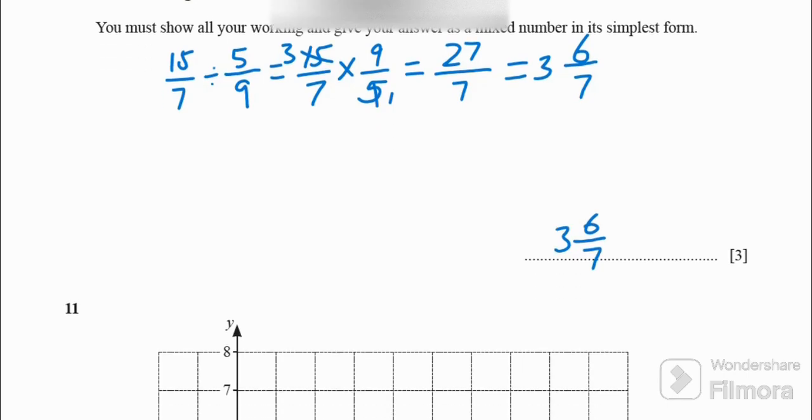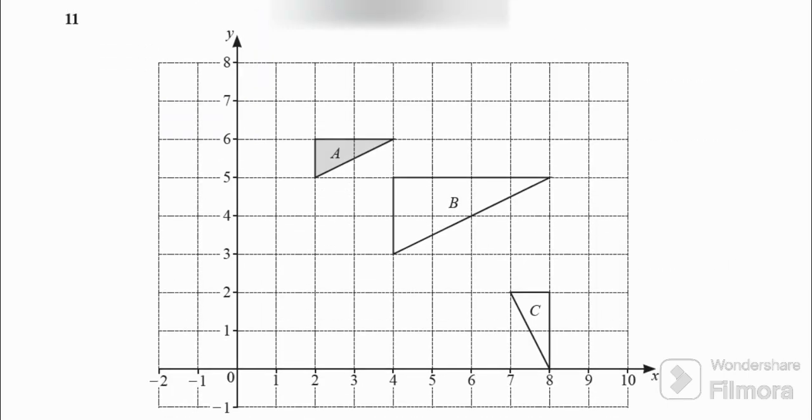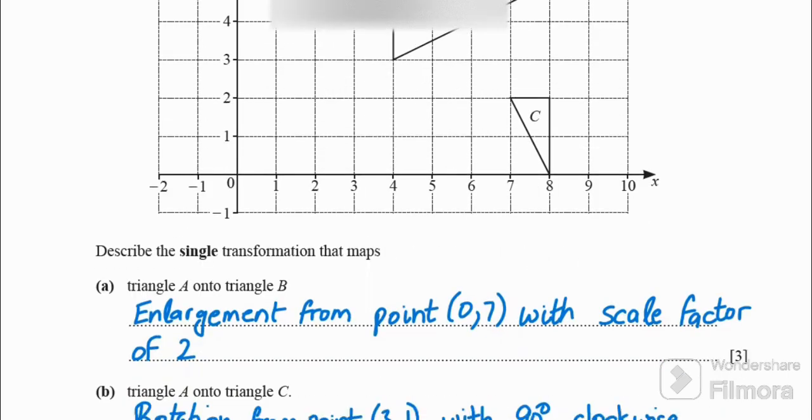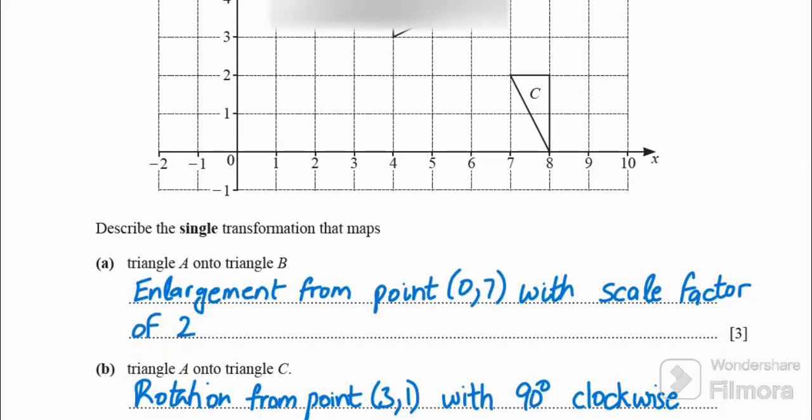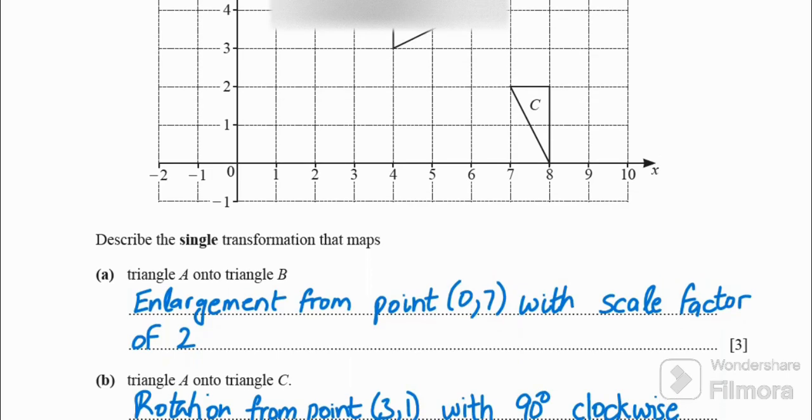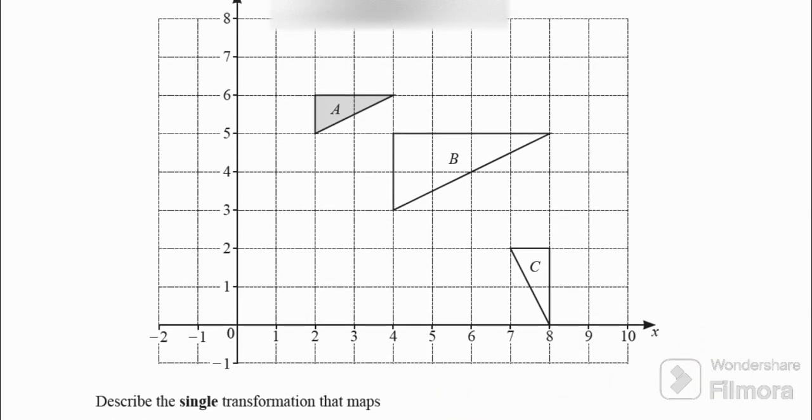Question 11 states, describe a single transformation that maps triangle A onto triangle B, an enlargement. So one main thing you have to consider is we have to connect the same points together.